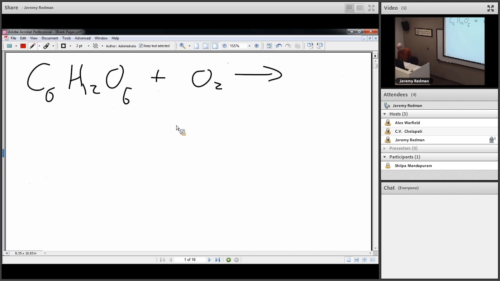It's going to go all the way to carbon dioxide and water. The first thing we need to do when we look at an equation like this is ask ourselves, is it balanced or not? We need to make sure that the equation is balanced.